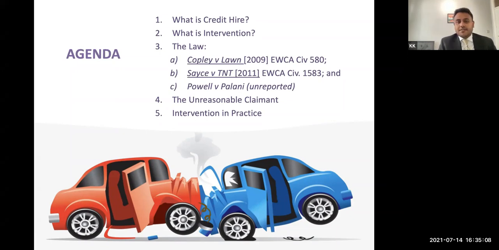After that, I will take a very brief look at the position of the unreasonable claimant, i.e. the claimant who doesn't wish to rely upon the intervention letter but should have. And then finally, we'll be looking at some practical points in relation to intervention generally and as they arise in litigation.